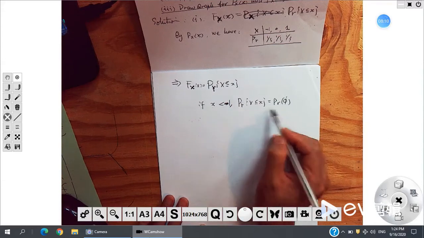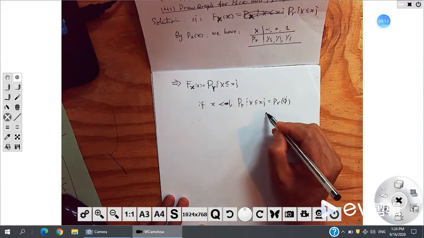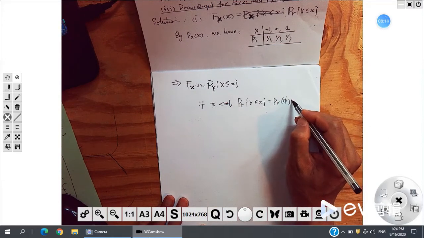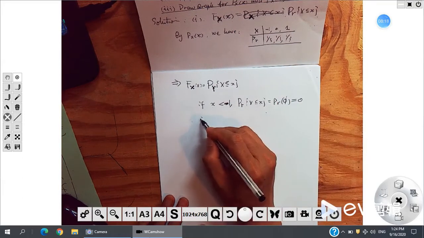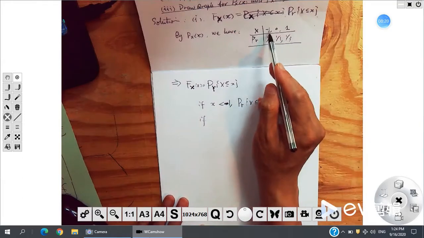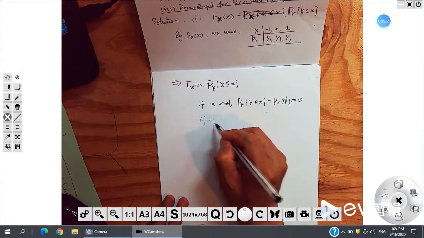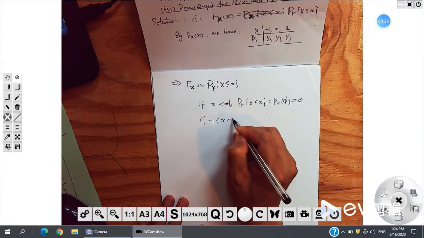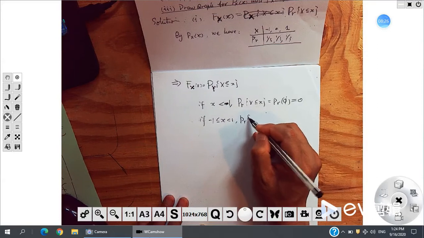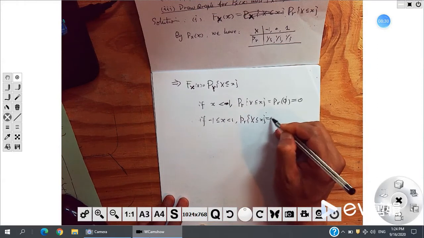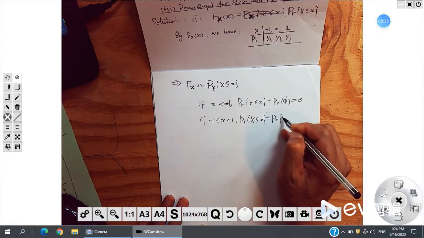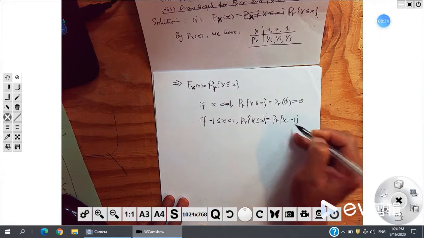So this is an impossible event, and the probability is 0. And if x is a value between -1 and 0, then the probability that capital X is smaller than or equal to x is the probability of X equal to -1, so it is 1/3.